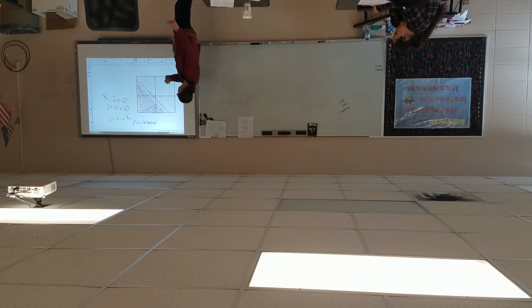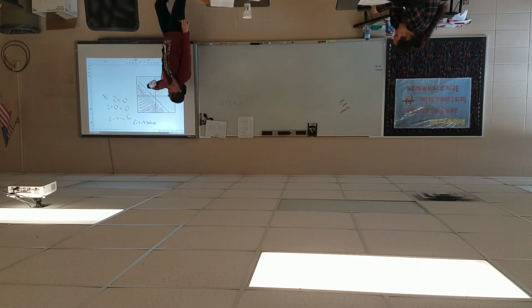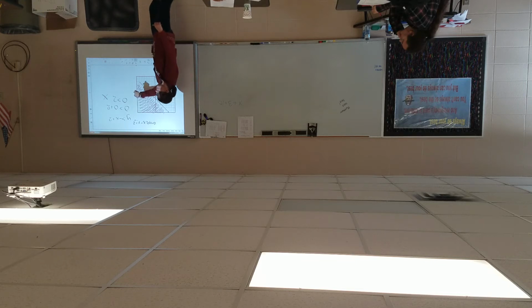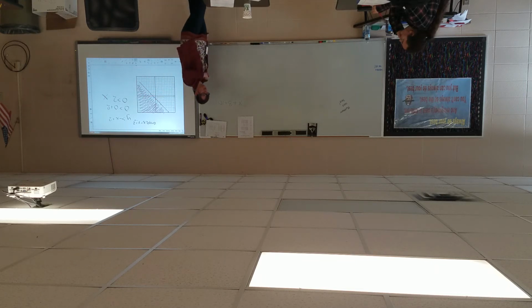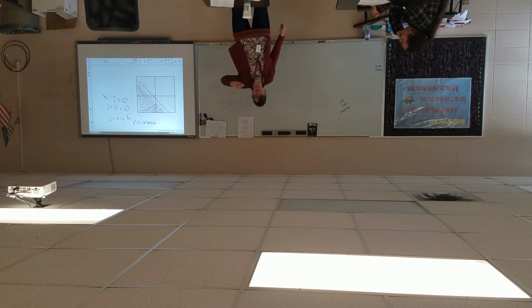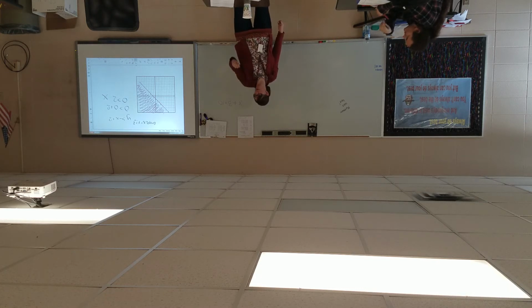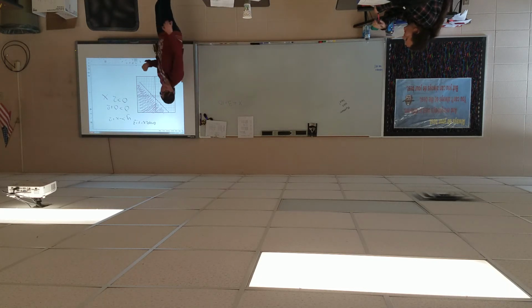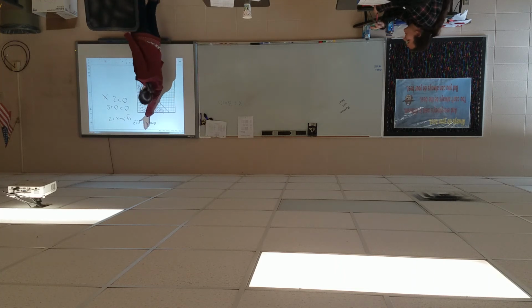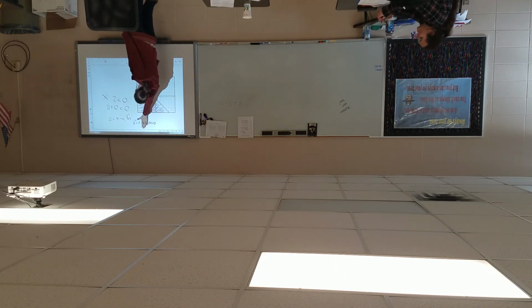Just out of curiosity, if I was to graph this by intercepts, do you remember what we do? Remember, if you wanna find the y-intercept, we plug in 0 for x. Remember we covered it up? What would your y-intercept be?